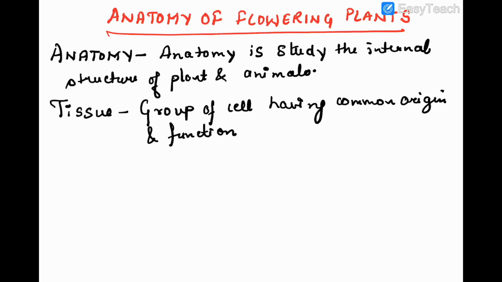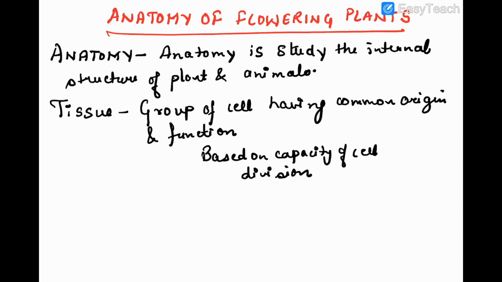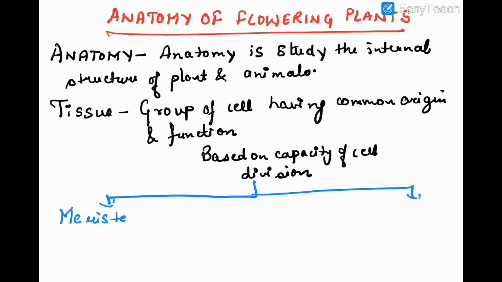Now, based on the capacity of cell division, we have two types of tissues that are meristematic tissue and permanent tissue.